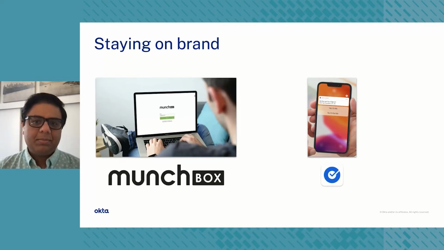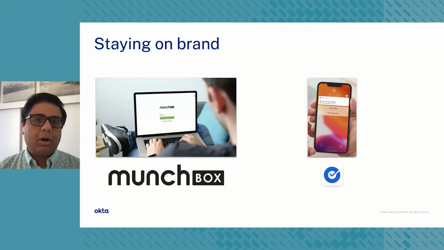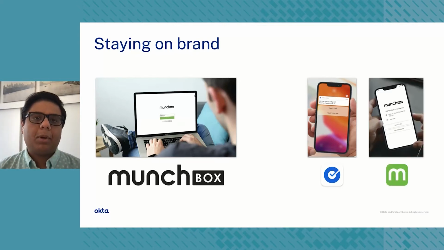Instead, imagine from the Munchbox app perspective, it'd be really beneficial if instead you can have the end user go and download their own app, like the Munchbox app on their phone, and prompt the user to do the same thing. Now, as an end user, as I'm going to sign up for this website, I see the prompt to go download the Munchbox app. And now I'm less worried and less hesitant to do so. The app is the same as the website I was trying to sign into.